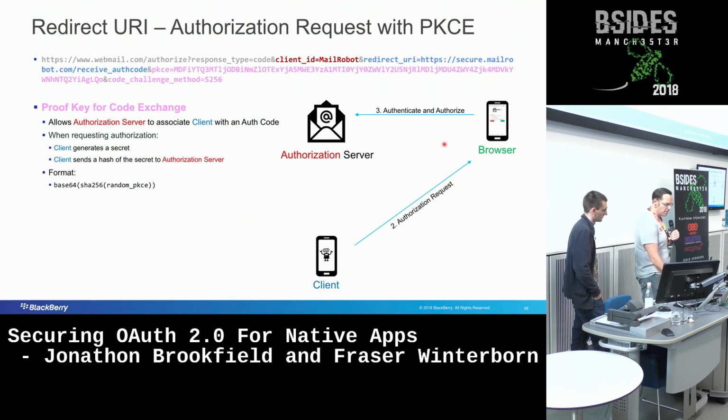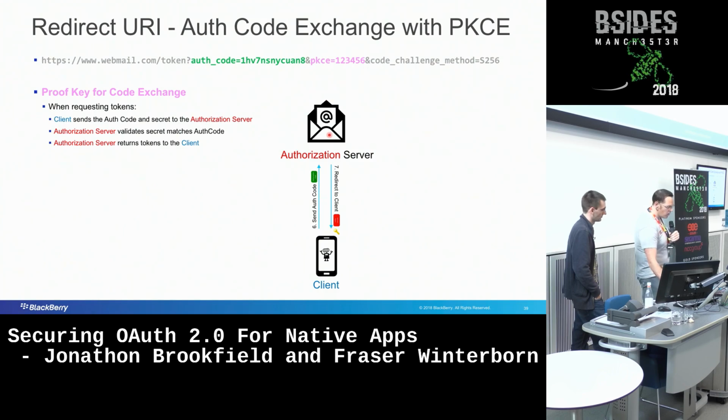That gets sent to the authorization server, and after the user has been authenticated and authorized, the authorization server will keep that PKCE information and associate it with the authorization code that it returns. When the client is then requesting an access token and a refresh token using the authorization code that it's been given, it sends the secret of the PKCE in the clear.